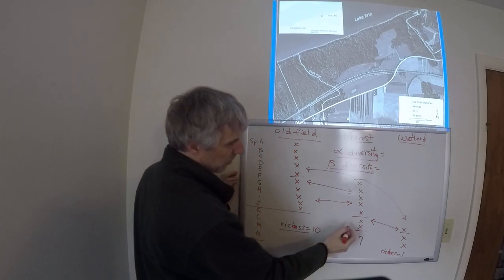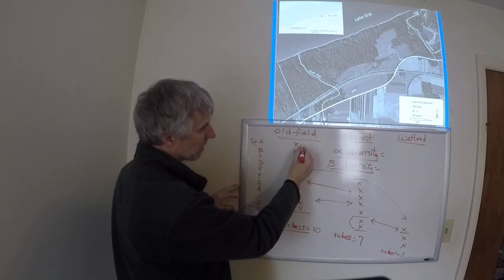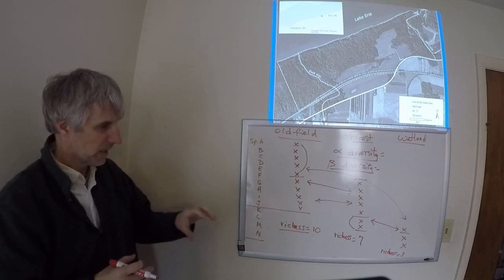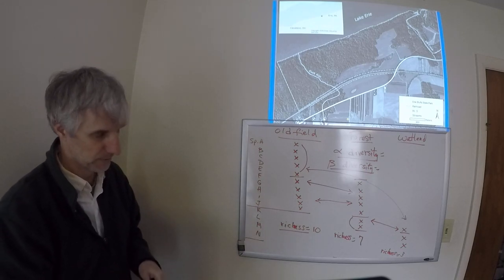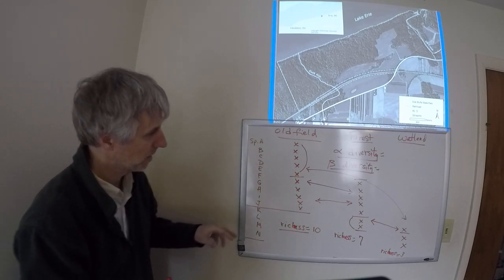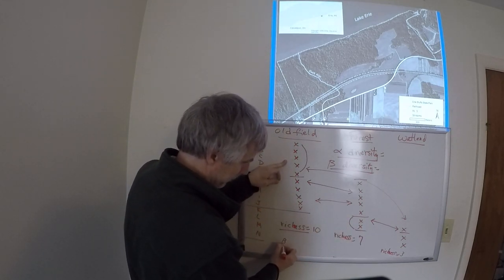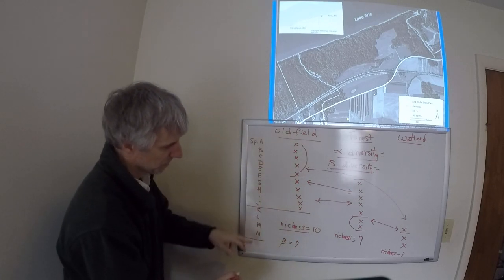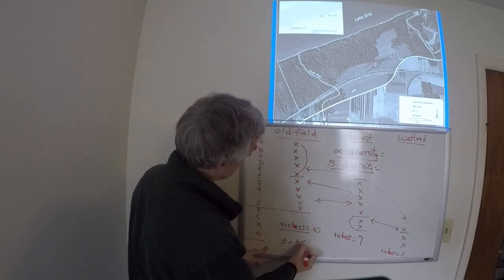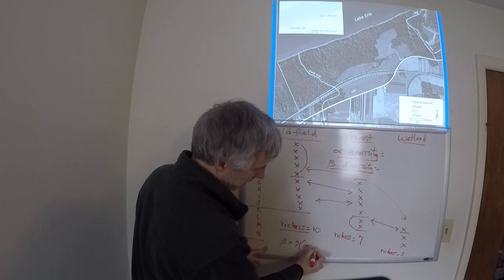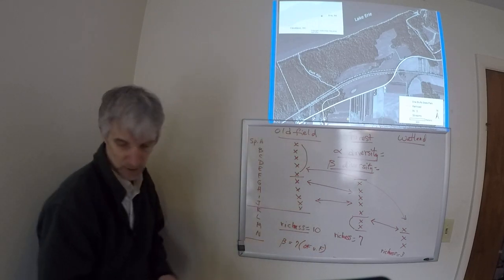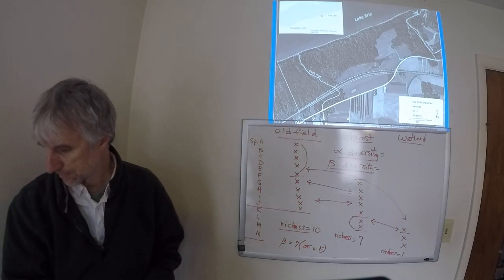And then the number of species that occur uniquely in the forest. Okay? So that would be 5, 6, 7. So the beta diversity between the old field and the forest would be 7.